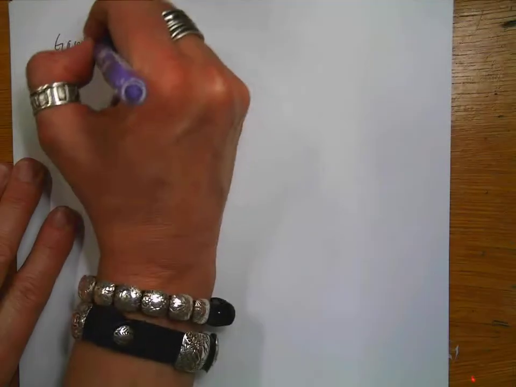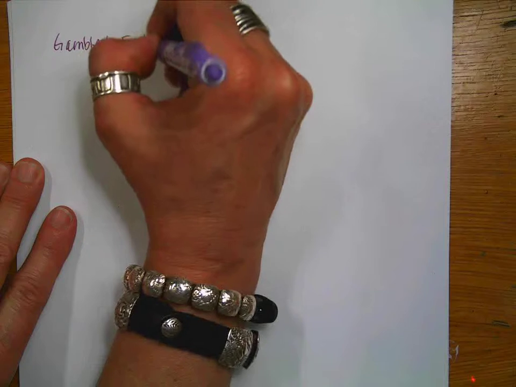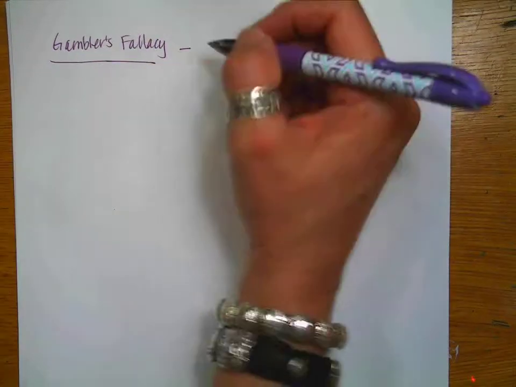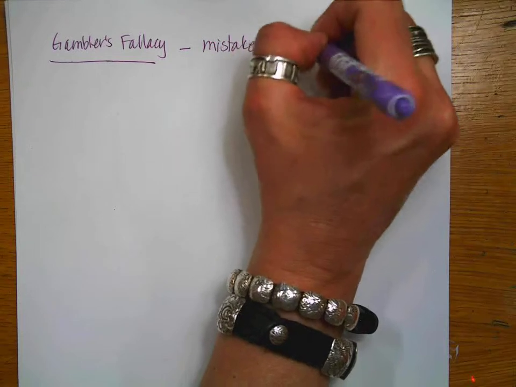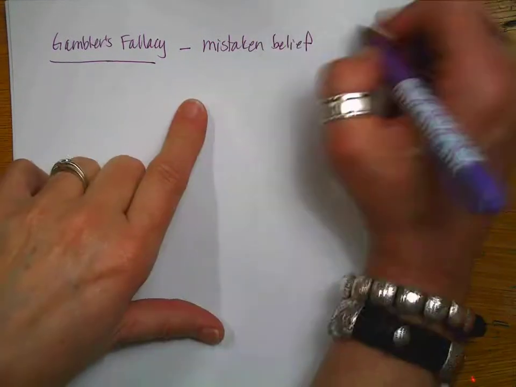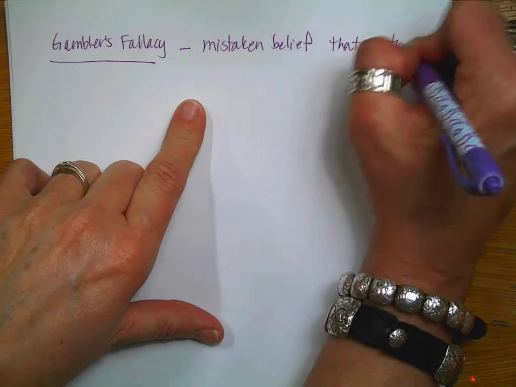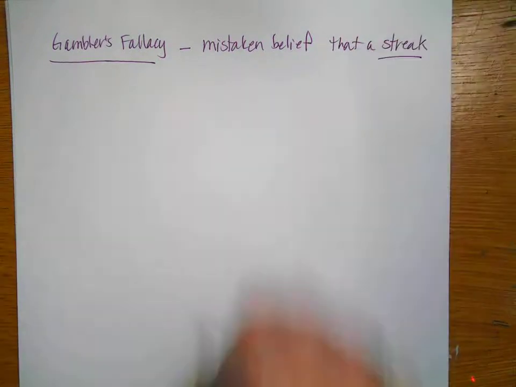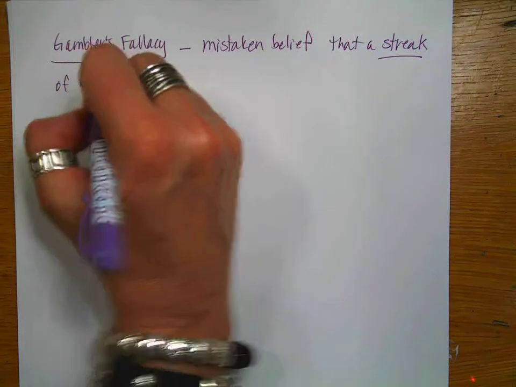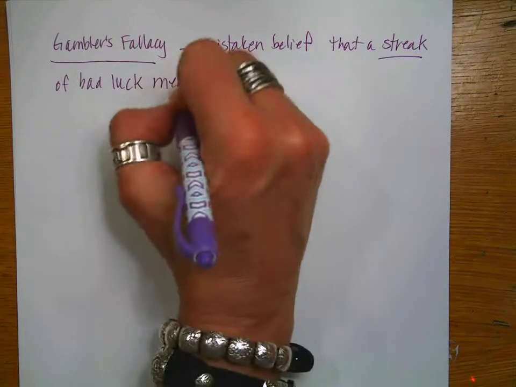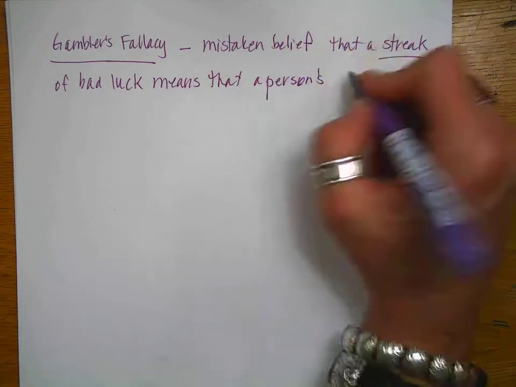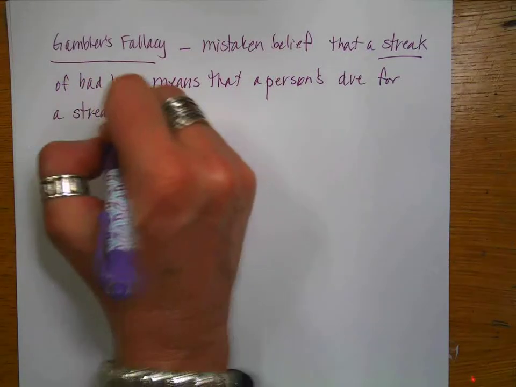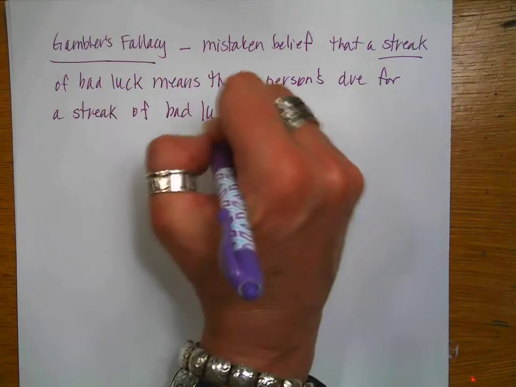All right, the next vocabulary word that we want to talk about is called a gambler's fallacy. Okay, and a gambler's fallacy is a mistaken belief, meaning that this is what people think, but it's actually not true, that a streak, and we hear that word a lot when we talk about gambling, of bad luck means that a person's due for a streak of good luck.